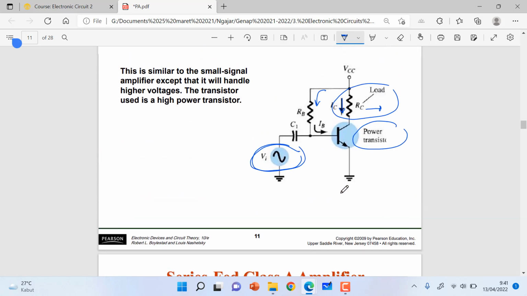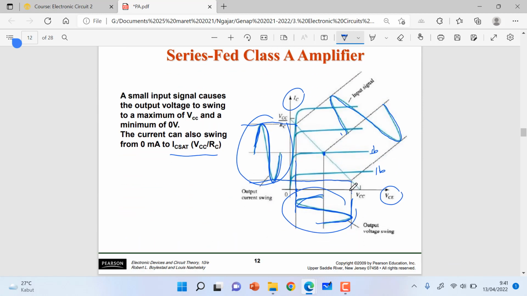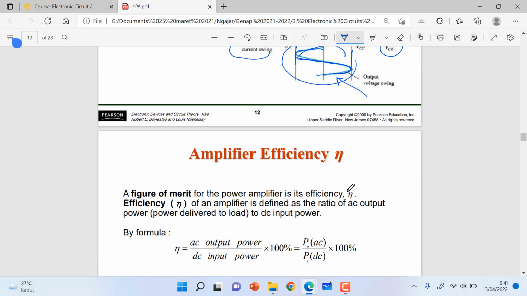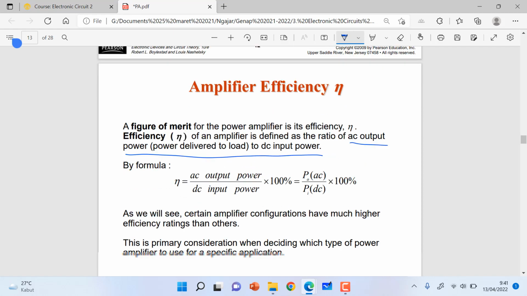If we put an oscilloscope across the load RC, we can see the output current swing like this one, and also the output voltage swing like this one. And then what is the amplifier efficiency? The amplifier efficiency is the ratio between the AC output power and the DC input power.